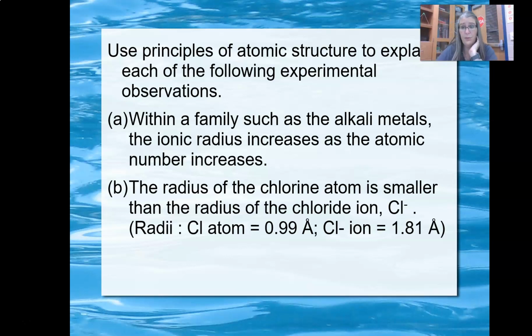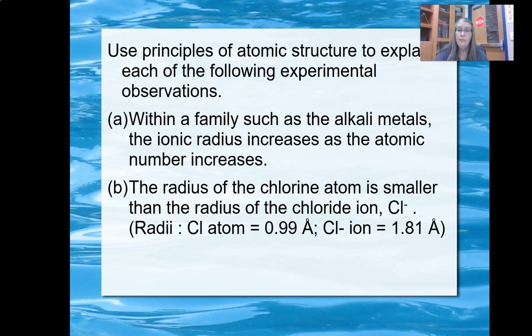It says so, so I can't argue with the test. If the test tells me a piece of information, I need to use that piece of information. So I know that the radius is going to be bigger. So now I have to think about why that might be.